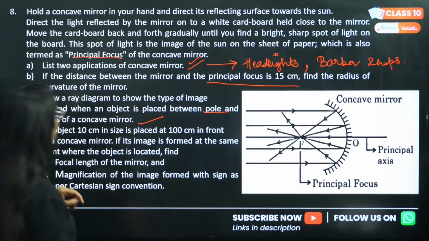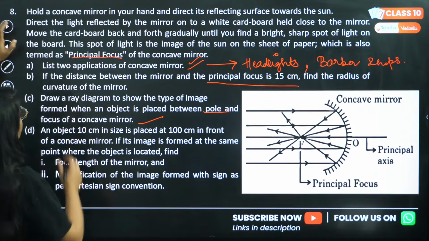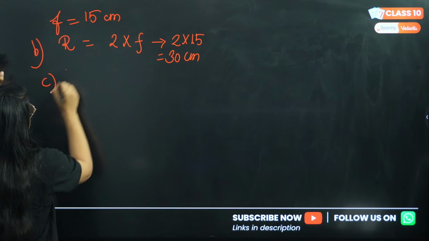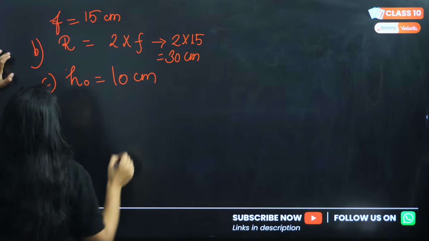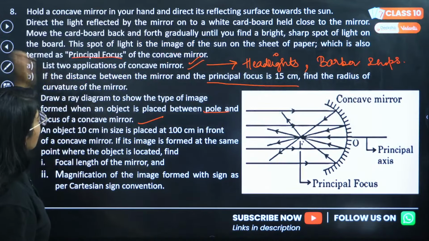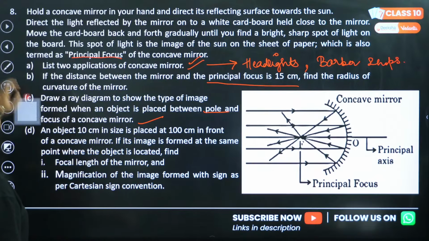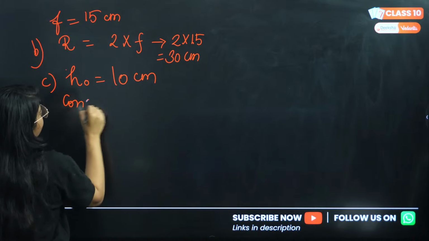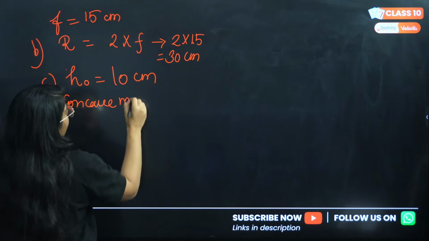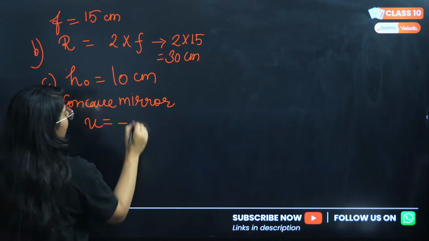Okay, D part says an object 10 centimeter in size. So we have an object which is 10 centimeter in size. So height of object is 10 centimeter. Then is placed at 100 centimeter in front of a concave mirror. So I also have a concave mirror, and it's given that the object is placed at 100 centimeter.